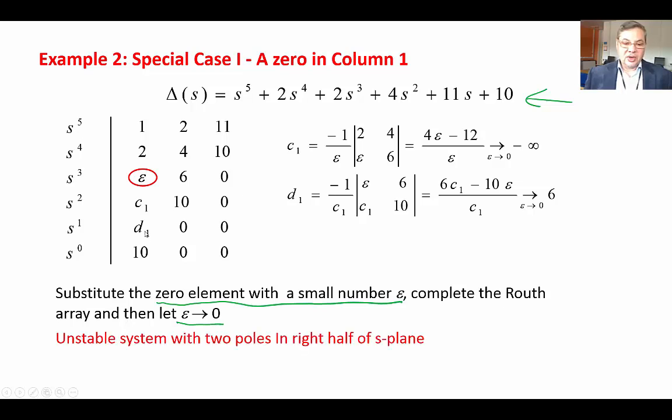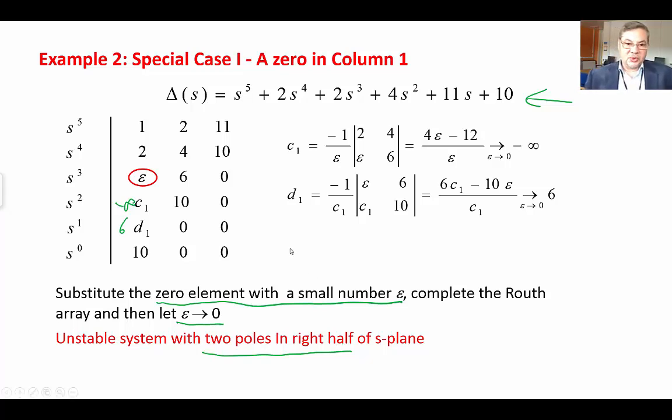D1 here will give me this coefficient, and then when epsilon goes to 0, gives 6. So this will be minus infinity, and that will be 6, when epsilon goes to 0. So how many sign changes here?